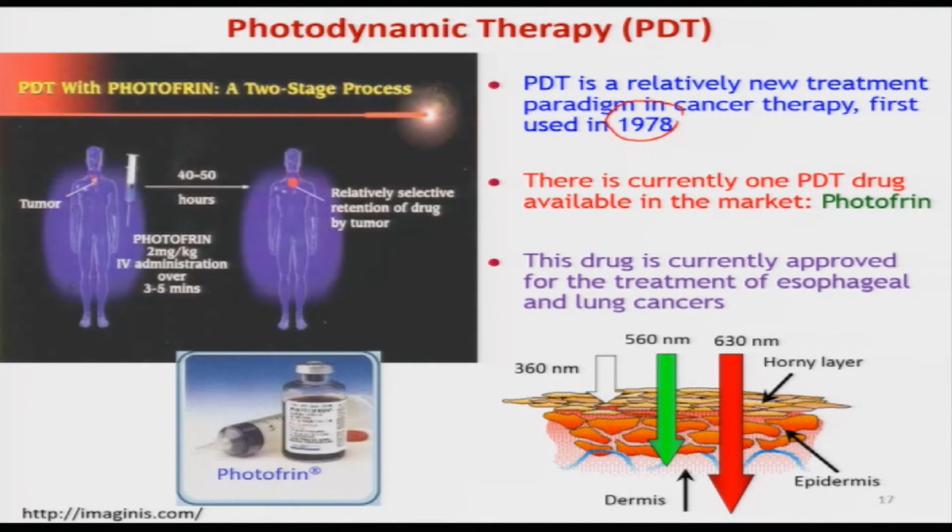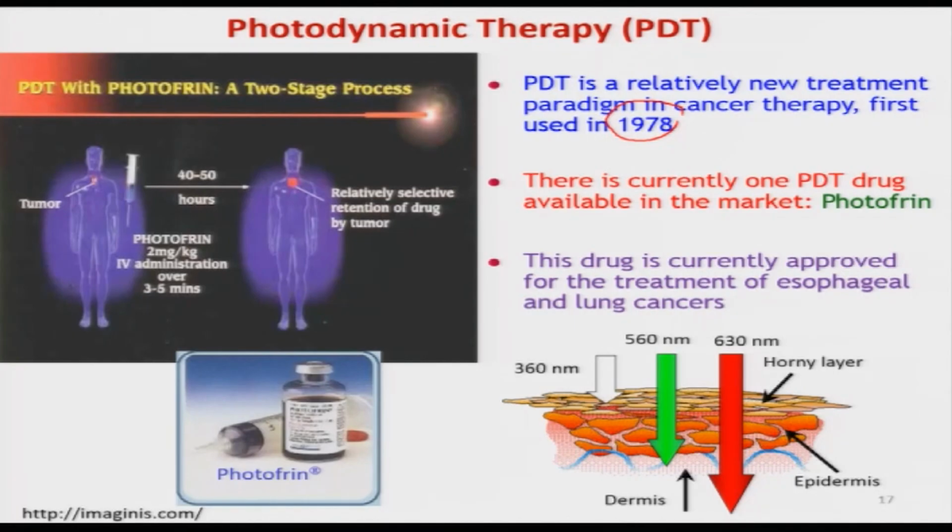Why red light? Because red light penetrates the tissue more than other light. So, that is why red light is so important. Red light actually penetrates the tissue and it reaches the point. So, how is it happening?